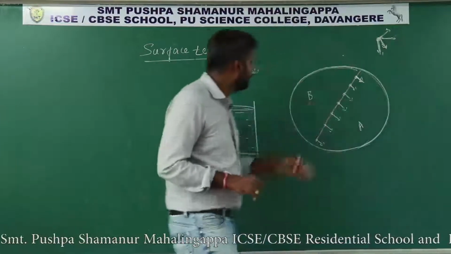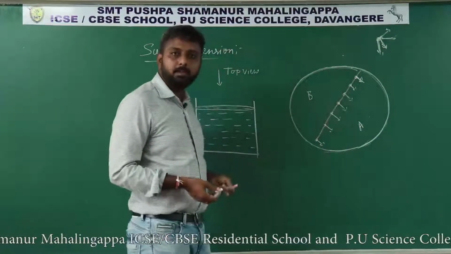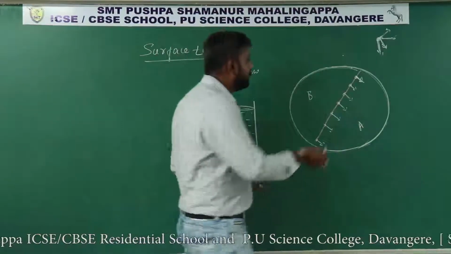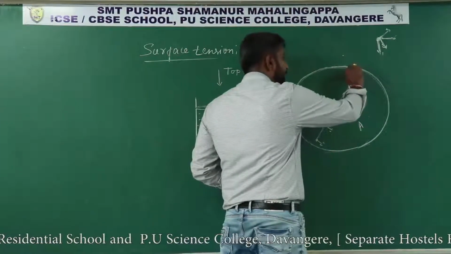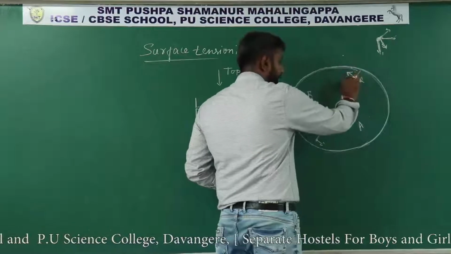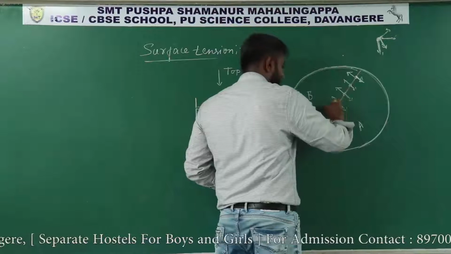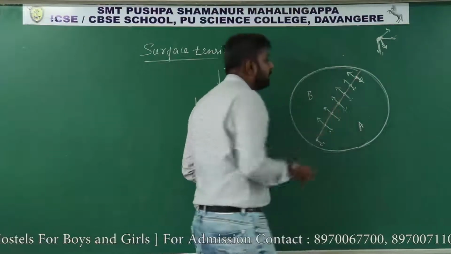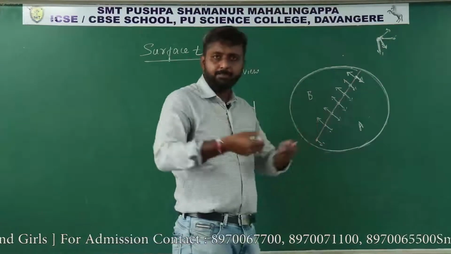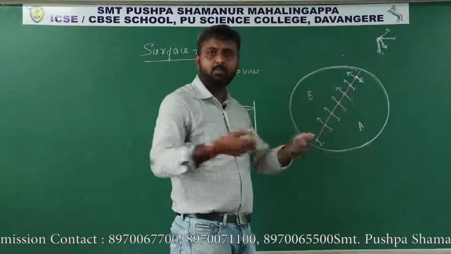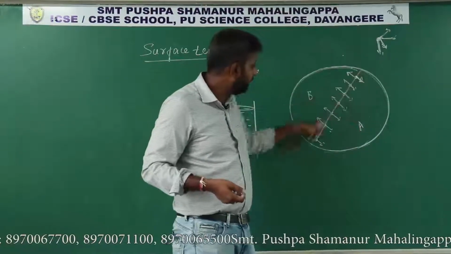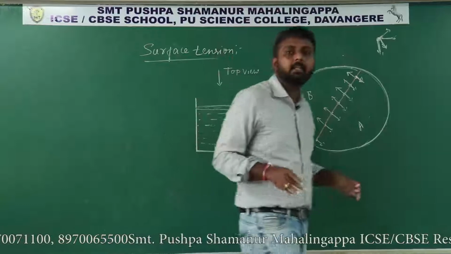Similarly, on the B side also molecules are present, right? So the molecules present on the B side will apply force on these molecules. So from both sides there is a force acting on the molecules present on the imaginary line.